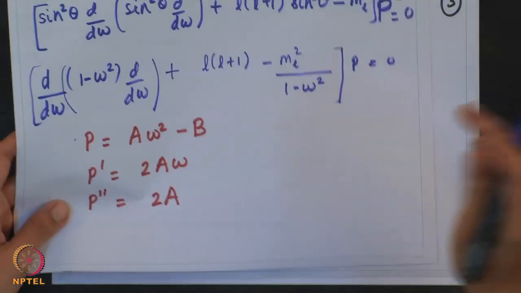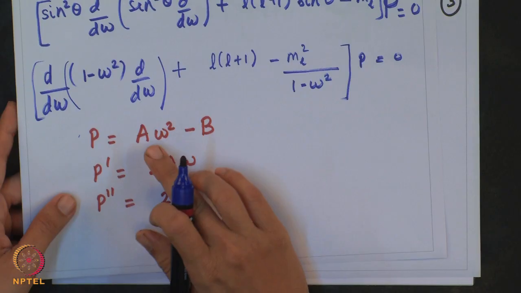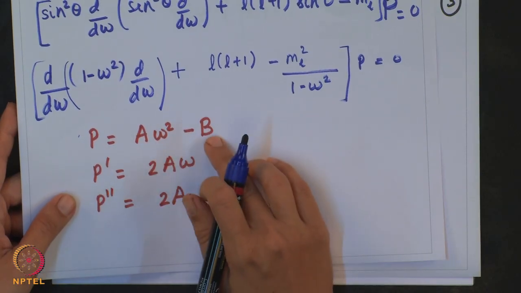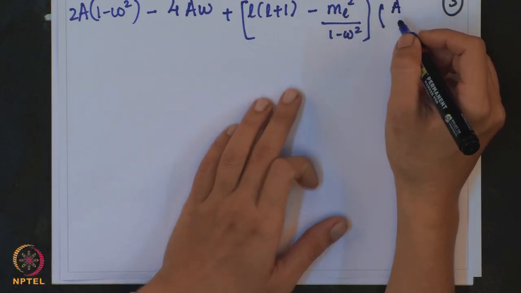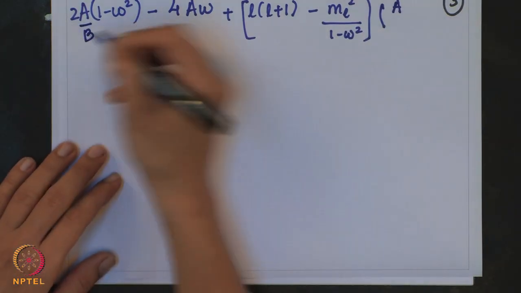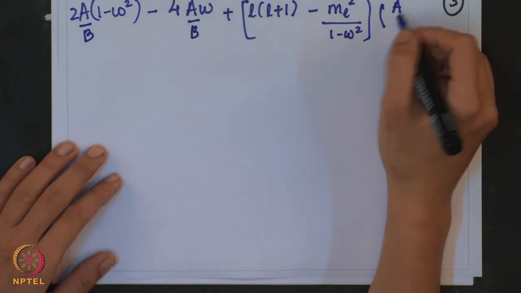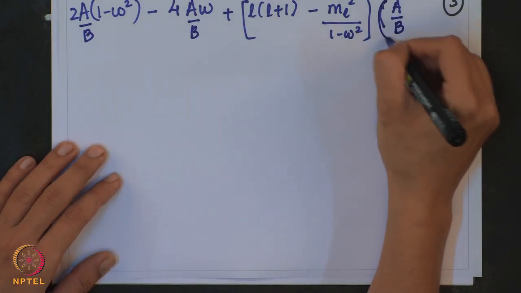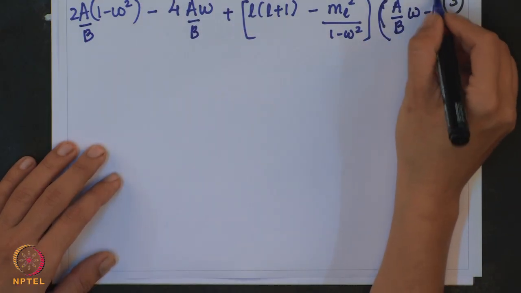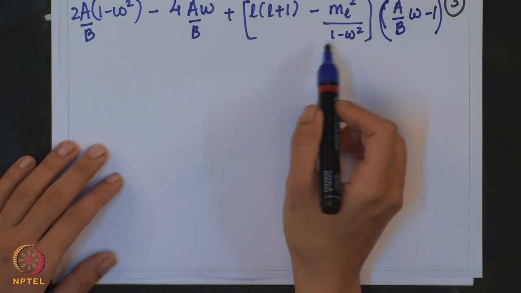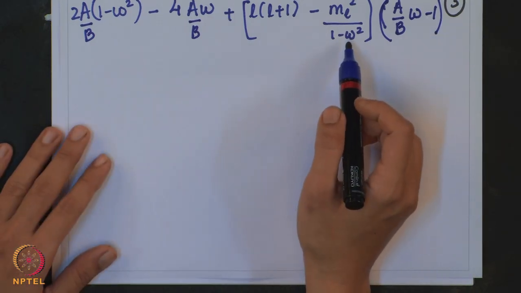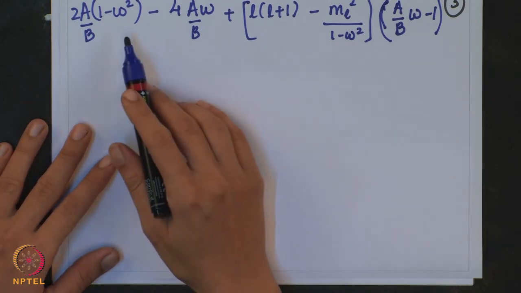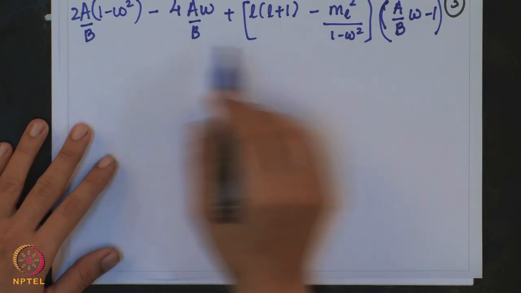and here I have to substitute for p. P is a omega square minus b. So a omega square minus b. I could divide this equation itself by b throughout, but it will be easier if the omega term is in the numerator. So let us bring it back.